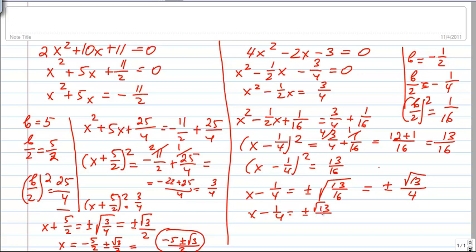Radical 13 over 4, and getting 1/4 on the other side, we got one single positive x there, so our two roots are 1 plus minus radical 13 over 4. These are our two roots.